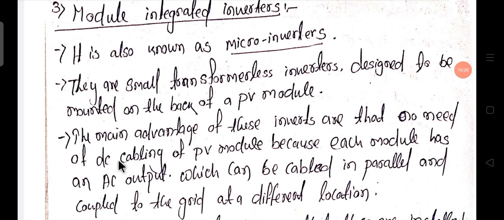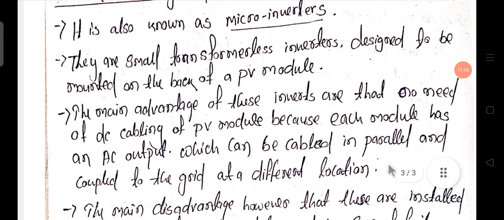Since a module integrated inverter is on the back of each solar module, we get converted AC power directly from every solar panel.